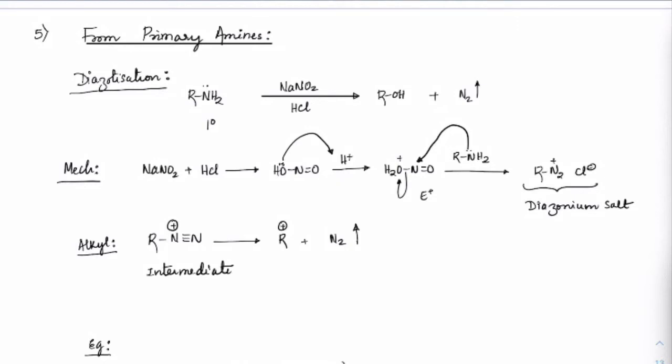So nitrogen gas will easily come out of it. Thereby the remainder would be only a carbocation, right? So from this carbocation, we will have further reaction. See, most of the time when we are taking NaNO2, we will always take it in an aqueous solution.